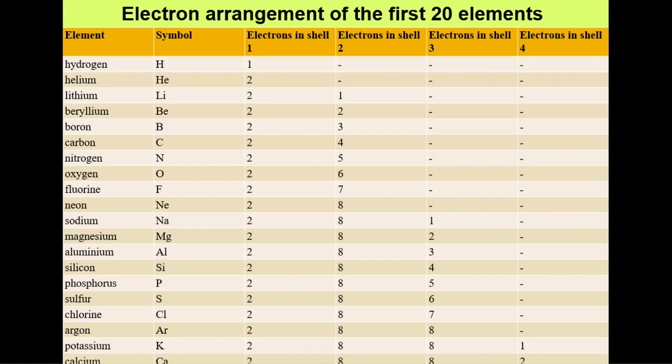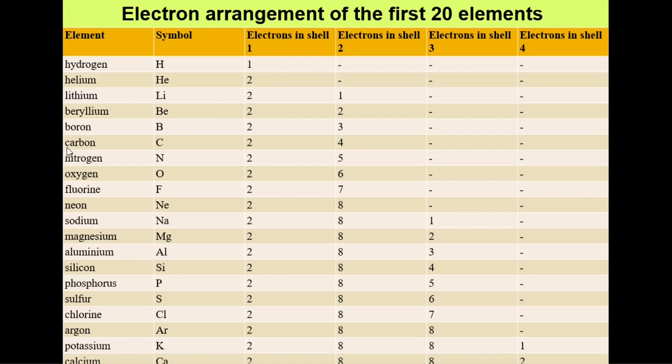This is a table that just shows the same information that we just looked at, in a different format. We can see here the electron arrangement for the first 20 elements. We have the element name followed by the element symbol, and then electron shells 1, 2, 3, and 4, and how many electrons fit into each of those shells. Hydrogen up here just has the 1 electron, which fits in the first shell.